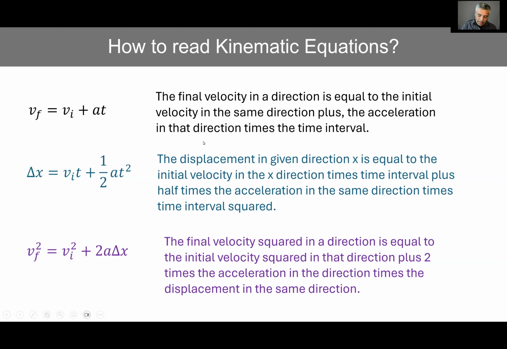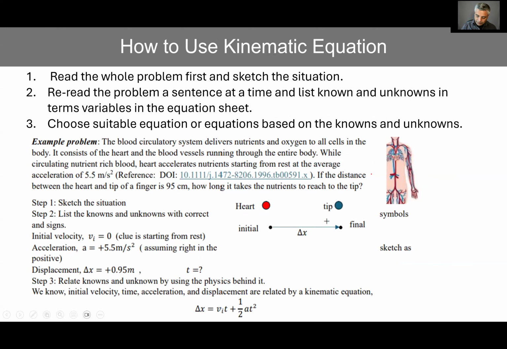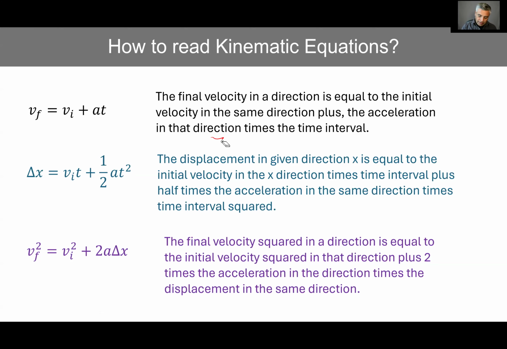Another thing I like to point out is that when we say this equation is in a direction, we can add that direction here. So for example, if it is in x direction, you can put x subscript in each of those vector quantities. Okay, time is not a vector, so you don't need to put x or y direction.